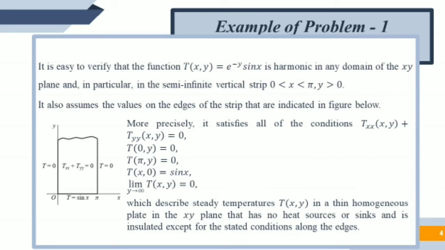You can see in the figure that, more precisely, it satisfies all of the conditions T_xx(x,y) + T_yy(x,y) equal to 0, and then T(0,y) equal to 0, T(π,y) equal to 0, T(x,0) equal to sin x, and the limit as y approaches infinity of T(x,y) equal to 0, which describes steady temperatures T(x,y) in a thin homogeneous plate in the xy plane that has no heat sources or sinks and is insulated except for the steady conditions along the edge.